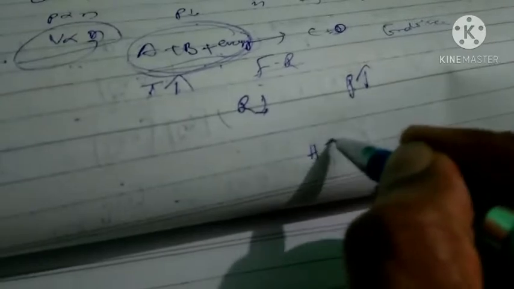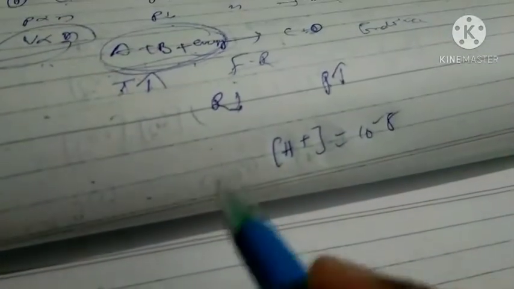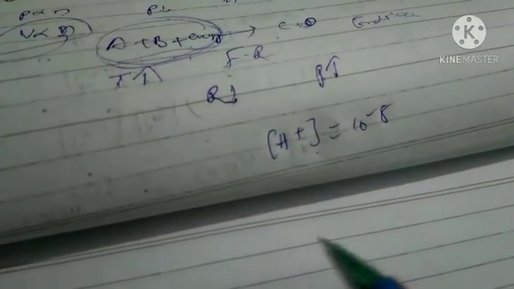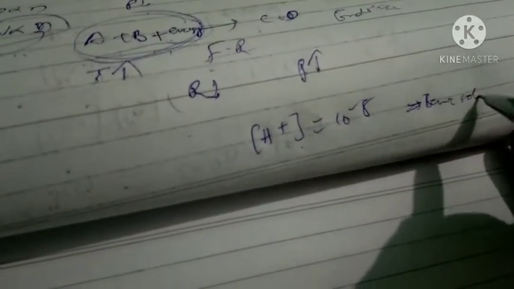For example, suppose in a solution H plus concentration is equal to 10 to the power of minus 8. Is this an acidic solution or a basic solution? This is a basic solution. How can we say that?